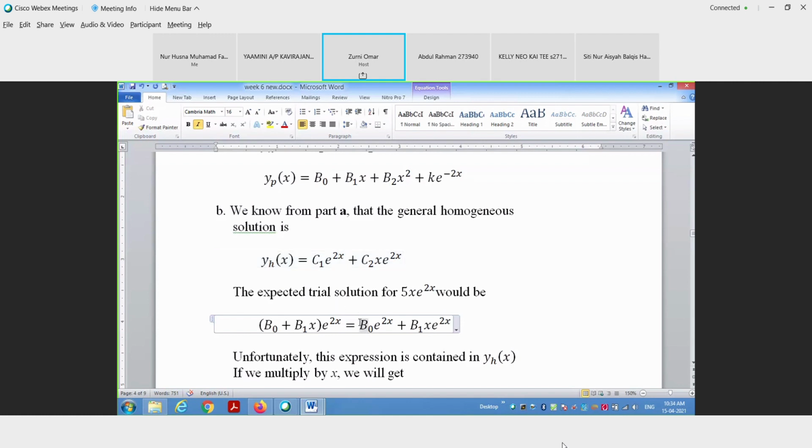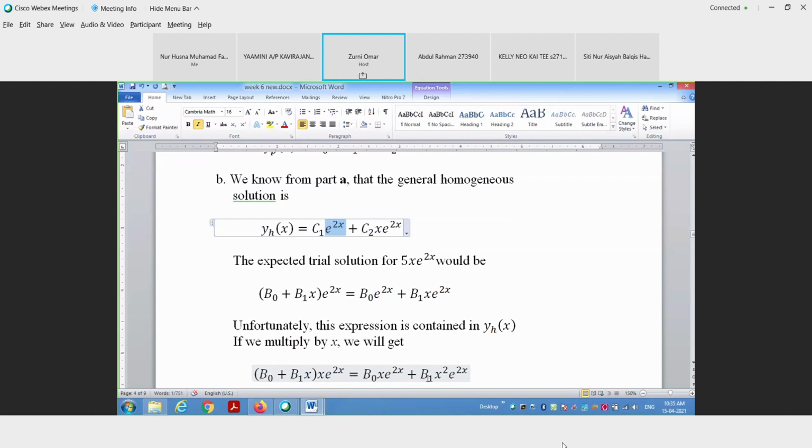You compare b0 e^(2x) with this. b0 is a constant, c1 is a constant, and this is an exponent of 2x. So they have the same form: b0 e^(2x) and c1 e^(2x).